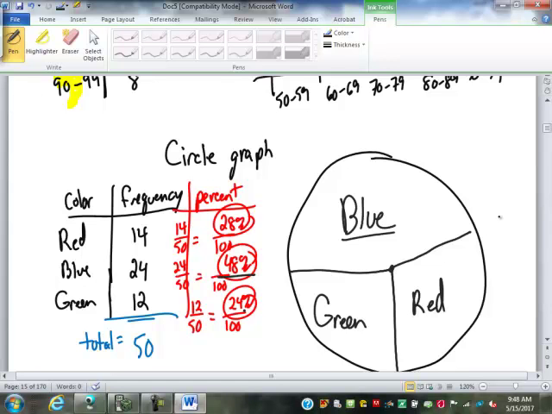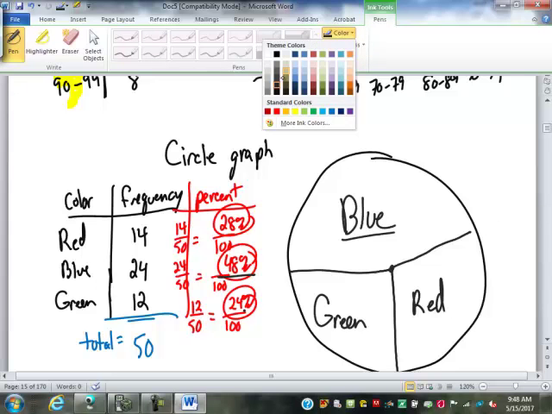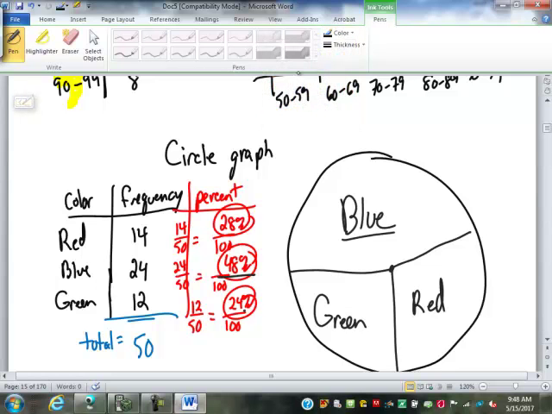So that's close enough for a circle graph. The key is this right here, finding the total and converting to percents. Does anybody have any questions on how I got these percents? I just put each frequency over the total. Okay.